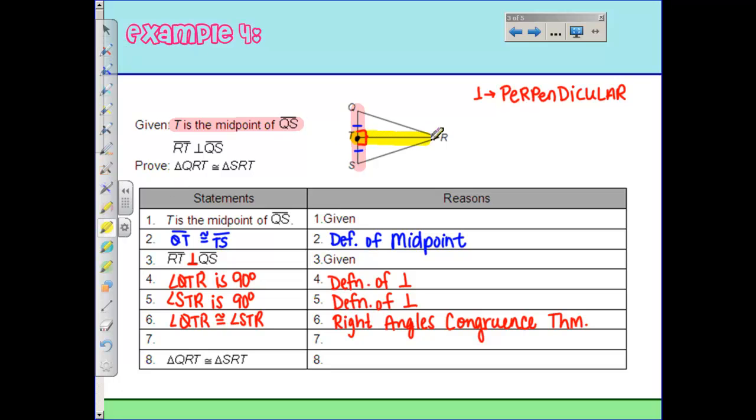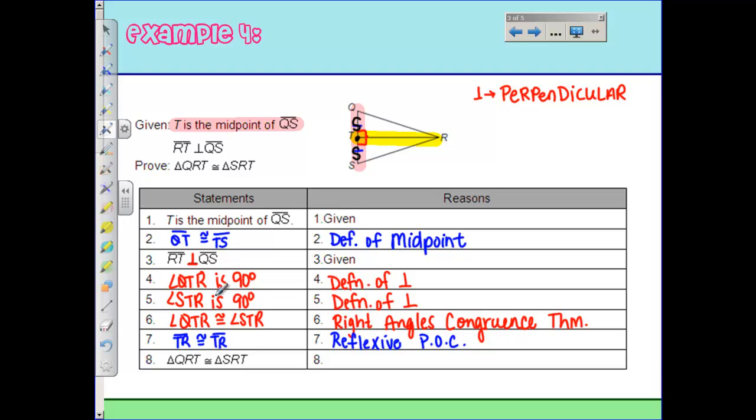I hope you saw real quickly that TR is in fact congruent to itself by that reflexive property. And something I could have done along the way, but I like to do at the end, is go back through and see what information I found. So I've got two sides right here from that midpoint.